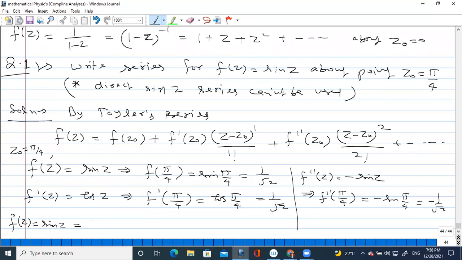That will be f(z0) is 1 by root 2, plus f dash z0 is also 1 by root 2 into (z minus pi by 4), and plus minus 1 by root 2 (z minus pi by 4) whole square divided by factorial 2, and plus dot dot dot. So like this you will get the series.